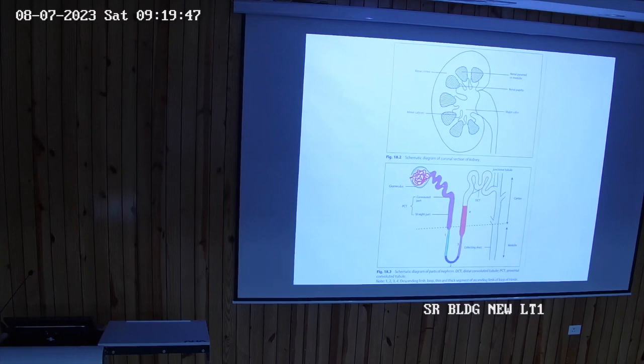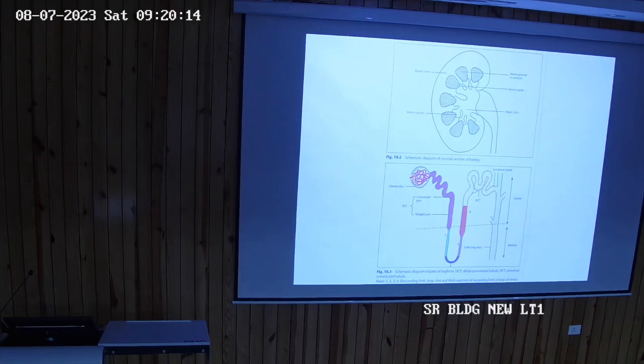First is the proximal convoluted tubule, PCT. PCT starts from the beginning of the urinary pole of the renal corpuscle. So this is the proximal convoluted tubule. Then you are seeing this U-shaped structure. This U-shaped structure is the loop of Henle. Then this loop of Henle continues into the yellow-colored structure. This is the distal convoluted tubule.